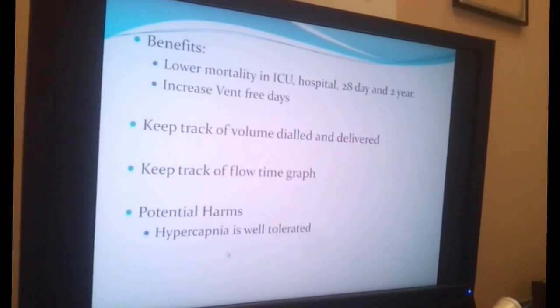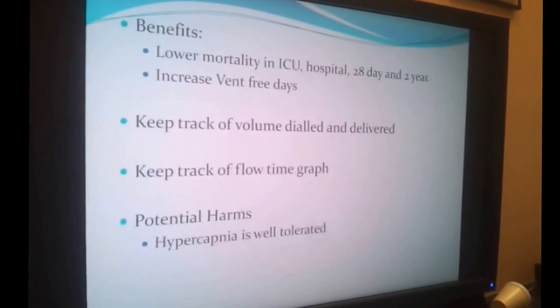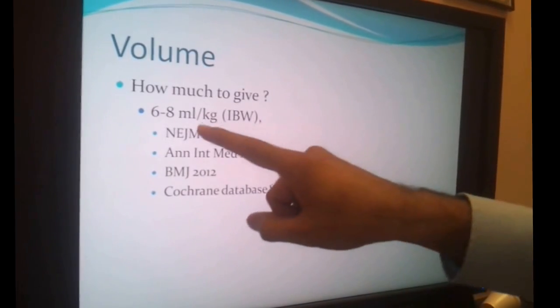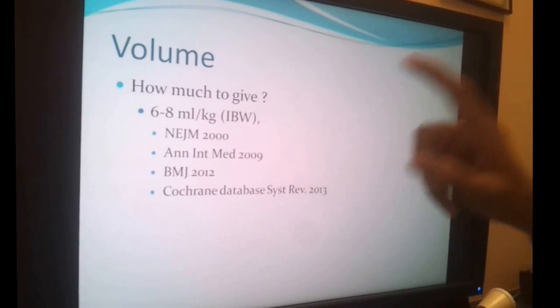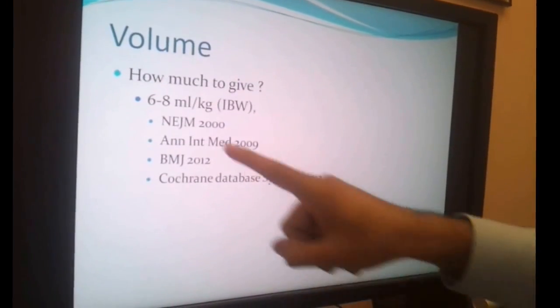Now, we have talked about volumes, we have talked about the PEEP. Now, there is another way of giving the volume. In this, we were dialing up from 6 to 8 mils per kilo of ideal body weight. So if you're doing lung protective ventilation, you will give 6.